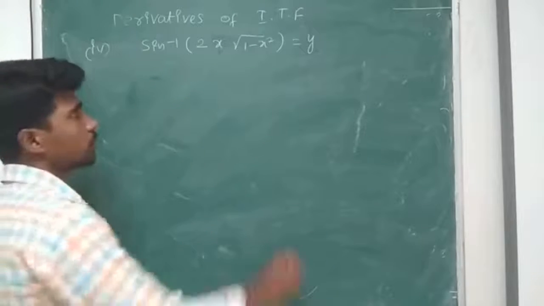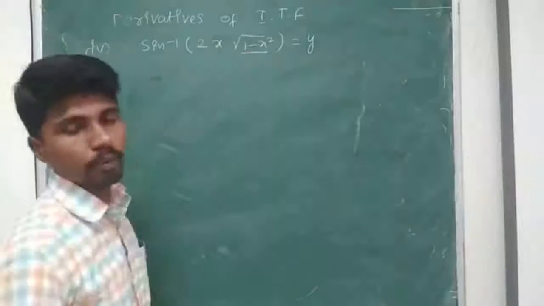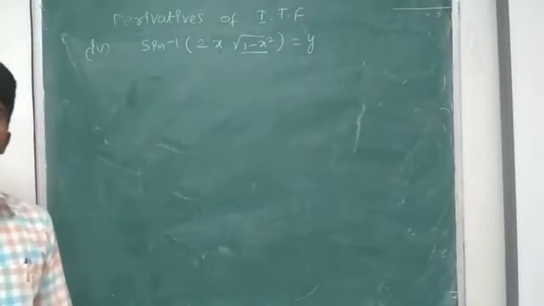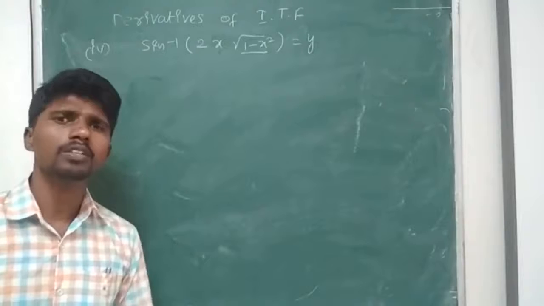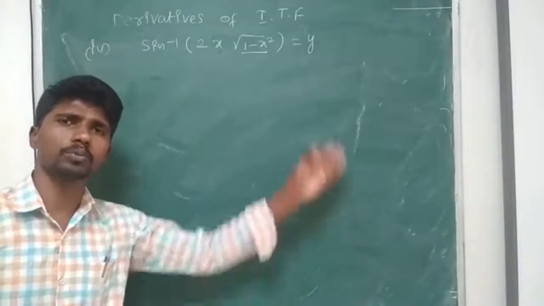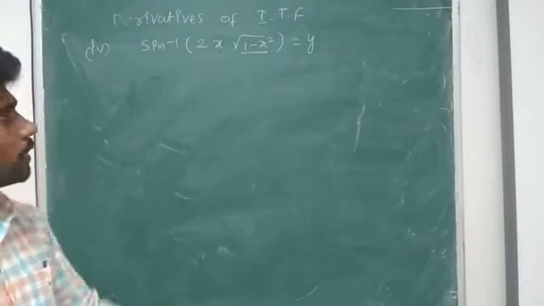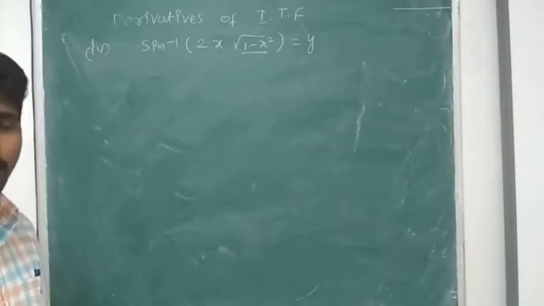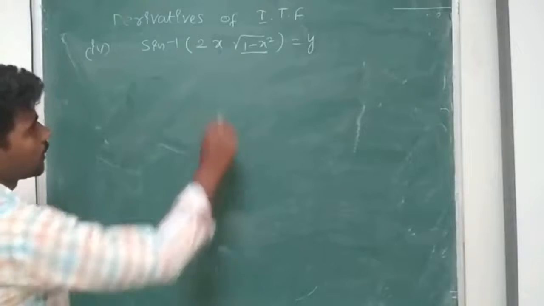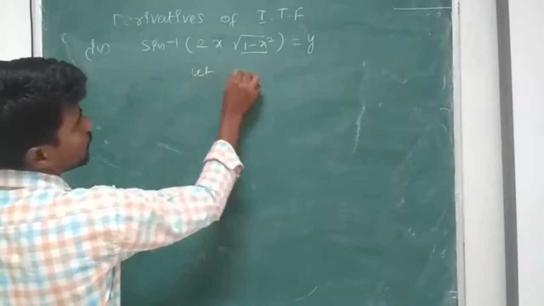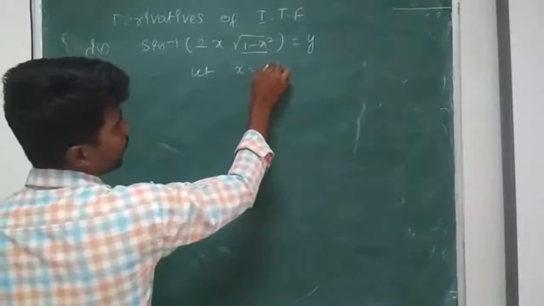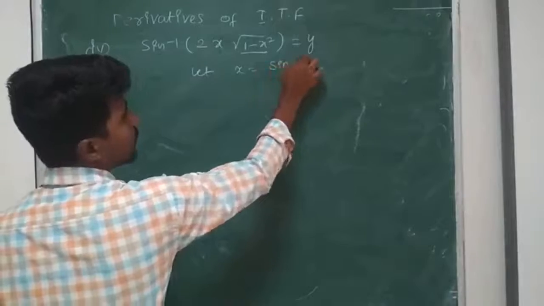Just recall substitution. I have here root of a square minus x square. So what we have to do is substitute x as a sin theta or a cos theta. In place of a, we have only one, and 1 into sin theta is nothing but sin theta. Let x be equal to sin theta.